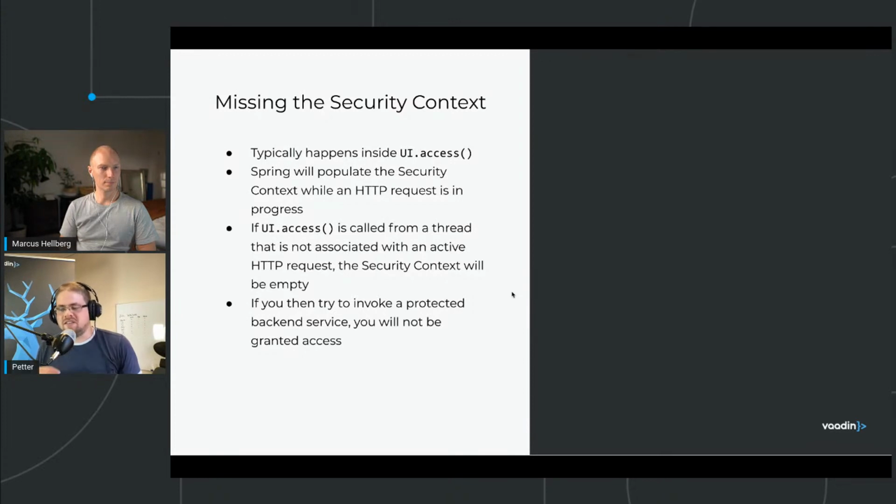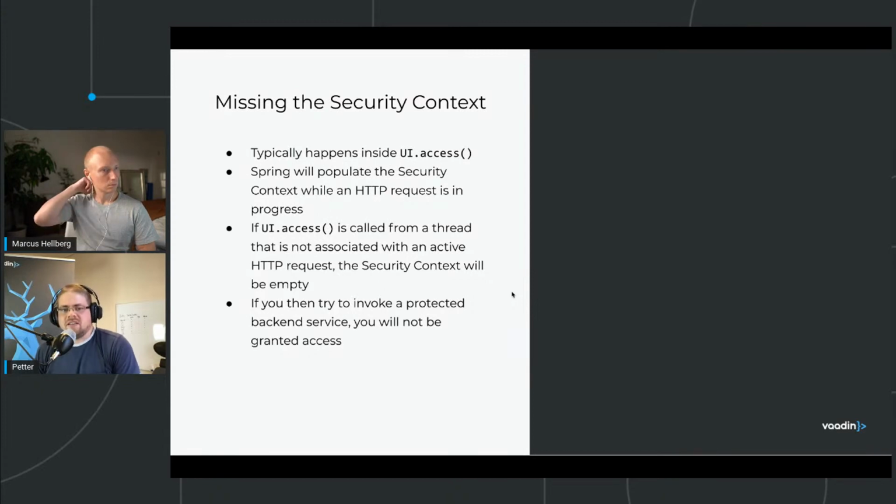One of the things that this chain does is fetch the current authentication token from the session and store it in this security context so that it's available when the request actually reaches Vaadin. Then Vaadin does its work, the request goes back through the chain, and then the security context is cleared.